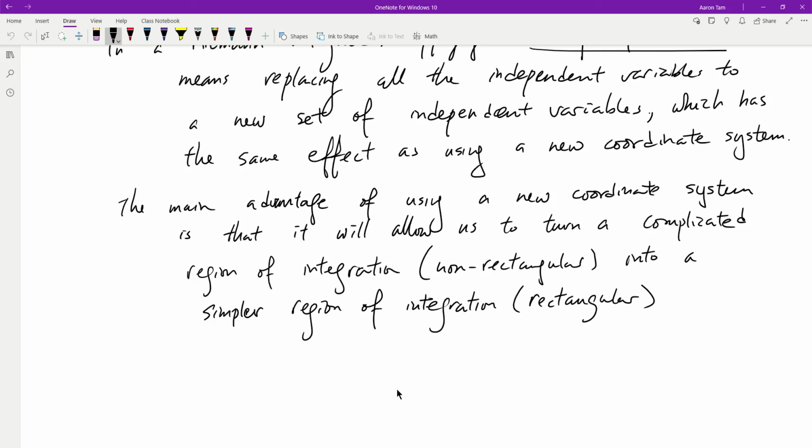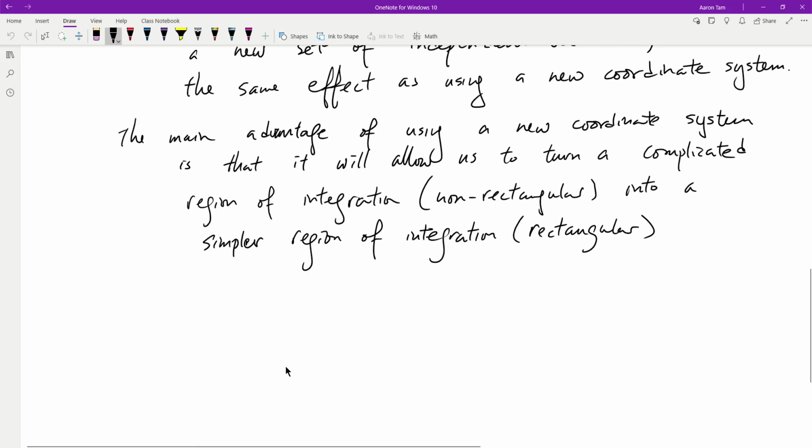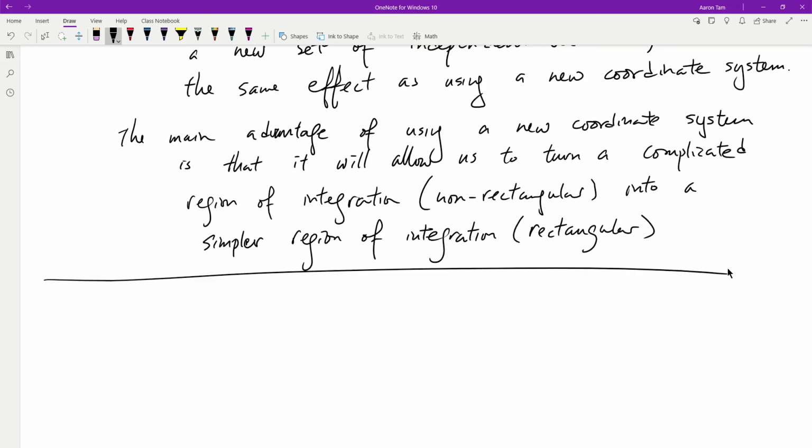One way to deal with that is to change the coordinate system to a more circular-friendly coordinate system. And that, of course, is what we call the polar coordinate system. So let me show you.